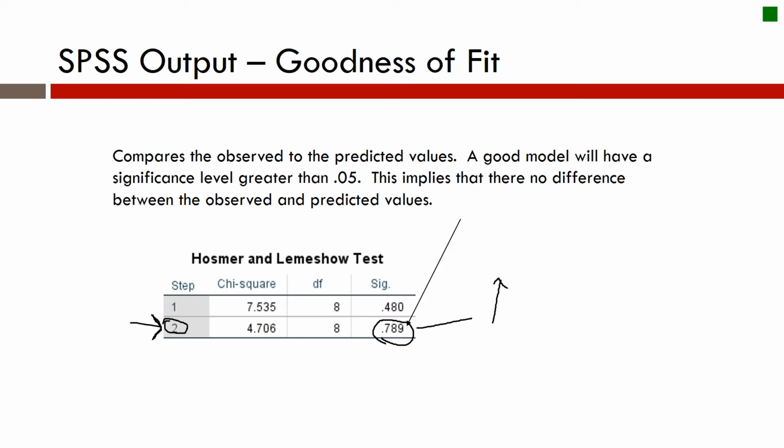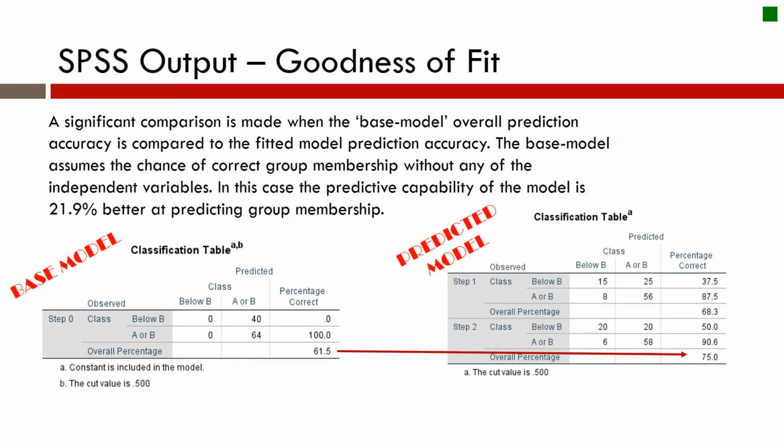So this is another item that you report. You can report this chi-square with the degrees of freedom, with the significance, and indicate that it's above 0.05 to suggest that the model that you've created significantly predicts group membership better than a baseline model.